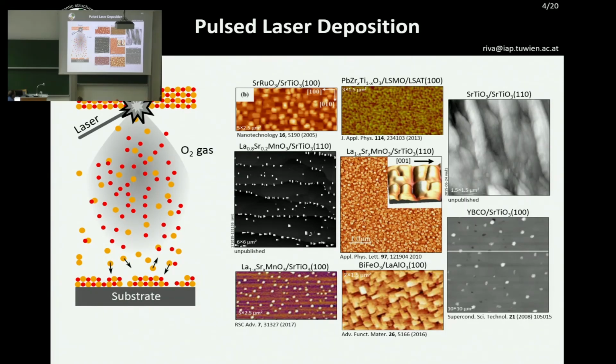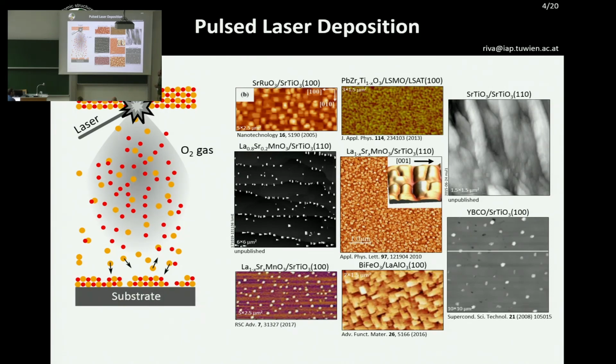What we think is that all what you see here is because the parameters were not fully controlled, and the composition of the material that you have been growing was not perfect, and that the surface structure that you have on the substrate or on the film as you grow is extremely relevant in determining the final morphology of your films.